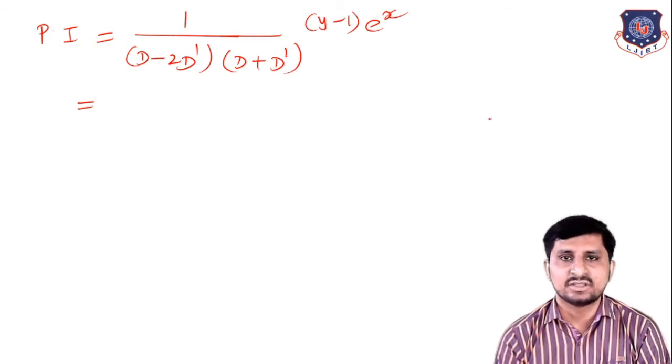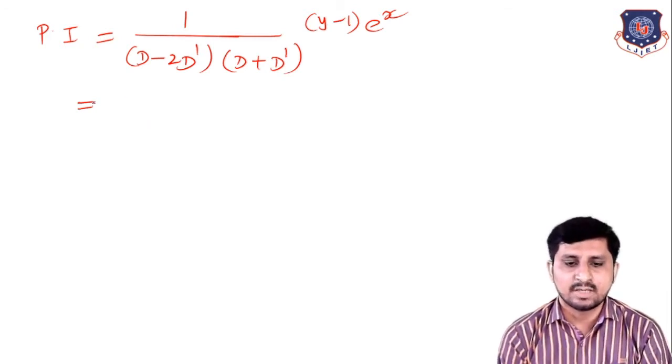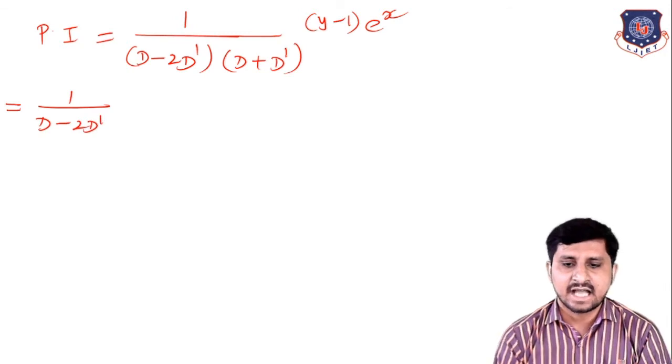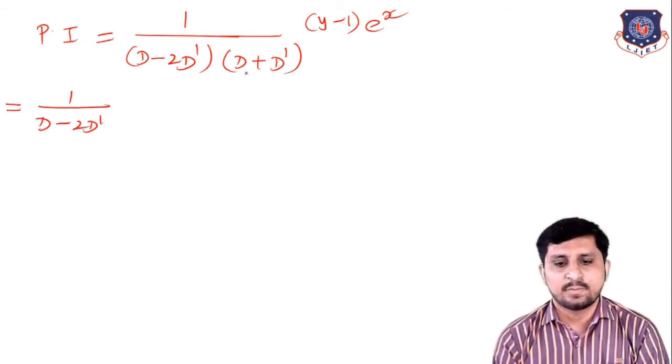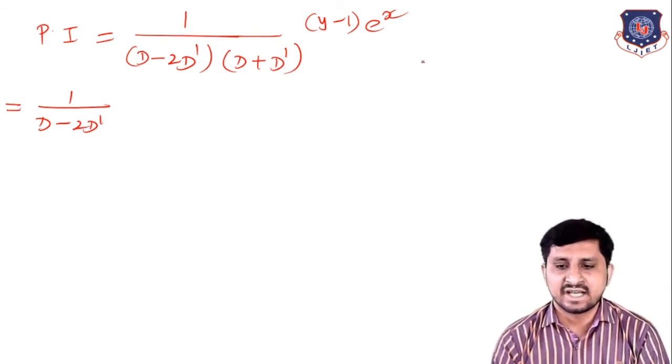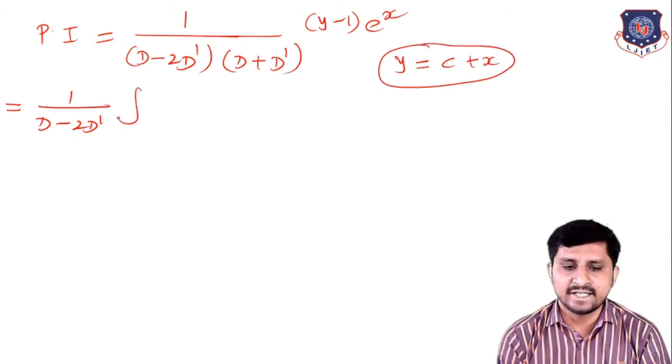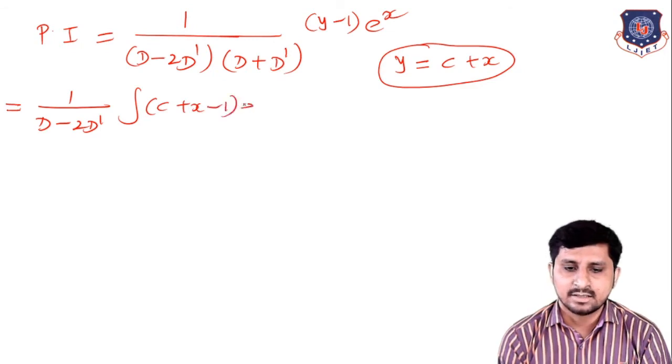So 1 upon (D - 2D') as it is. Now I want to first operate with D + D', so first of all, instead of y we have to write c + x. So this equals the integration of (c + x - 1)e^x dx.